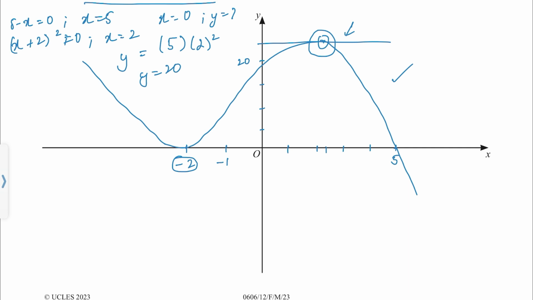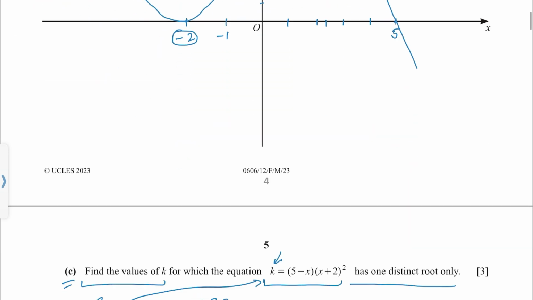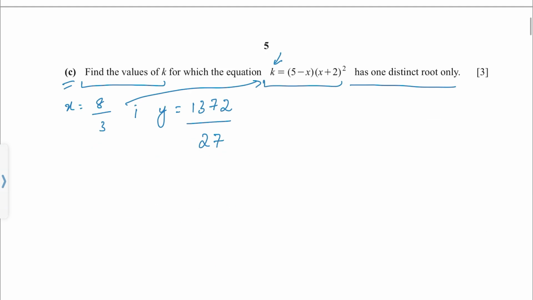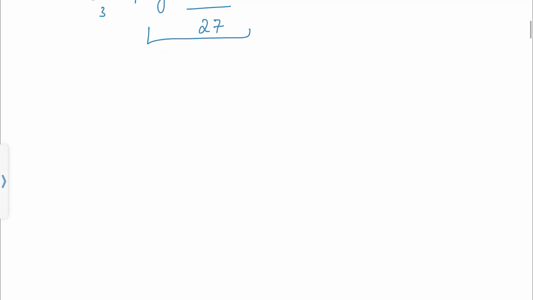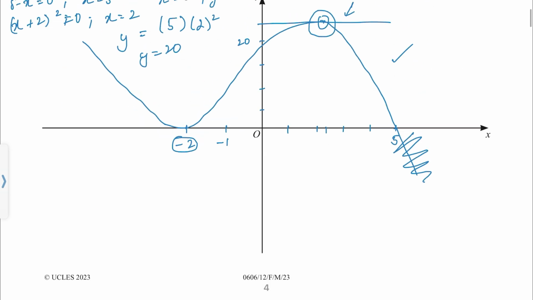So that would be our maximum point and something below this. So we have our y, so k would be greater than 1372 over 27 and k should be lesser than 0.